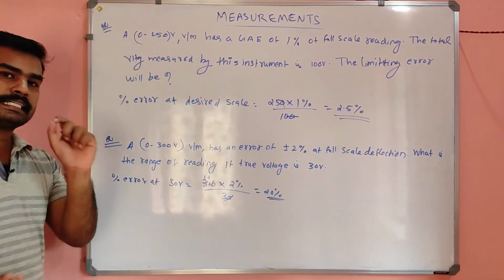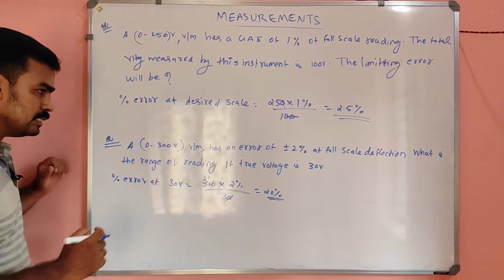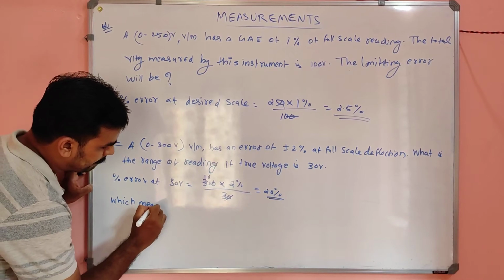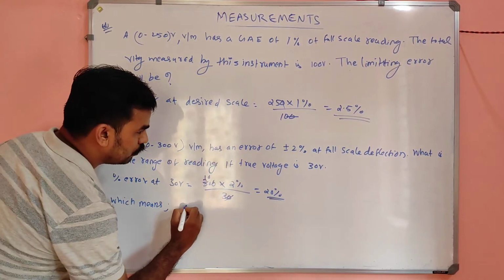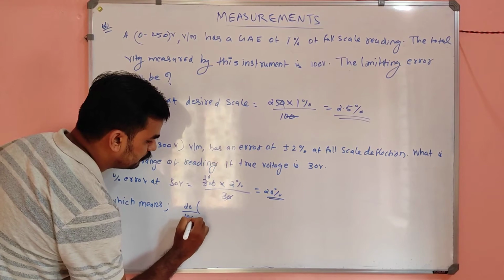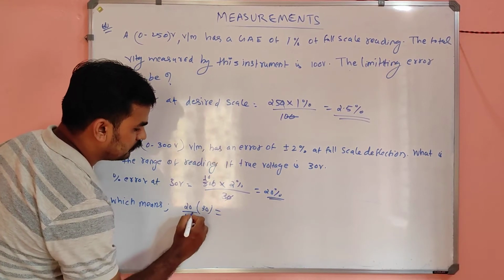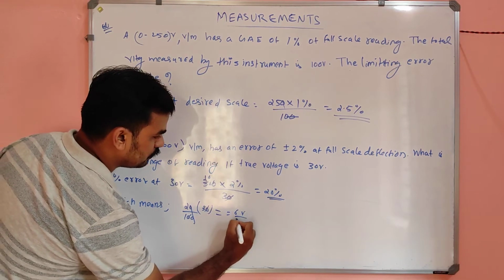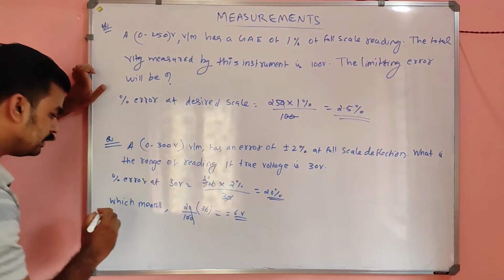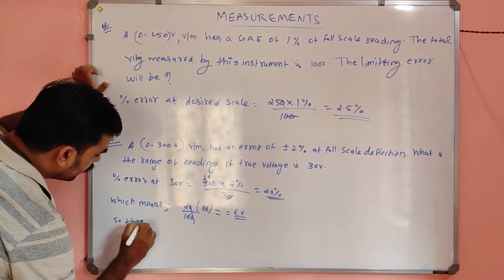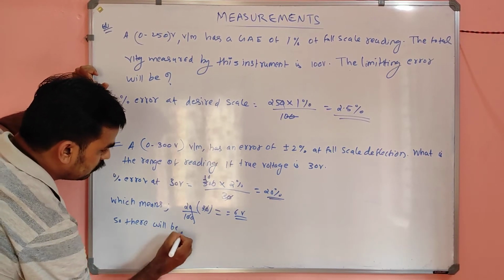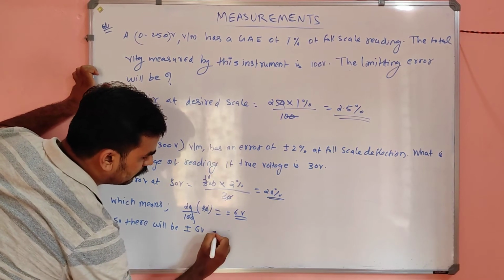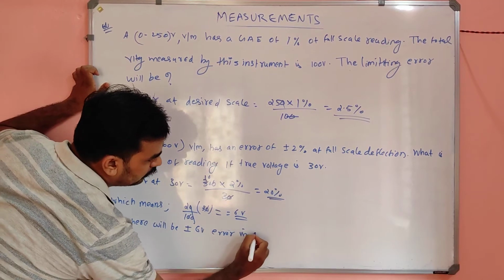So 20% error will be there at 30 volt, which means 20% of 30 will be equal to what? 6 volt, correct? So there will be plus or minus 6 volt change or error in 30 volt.